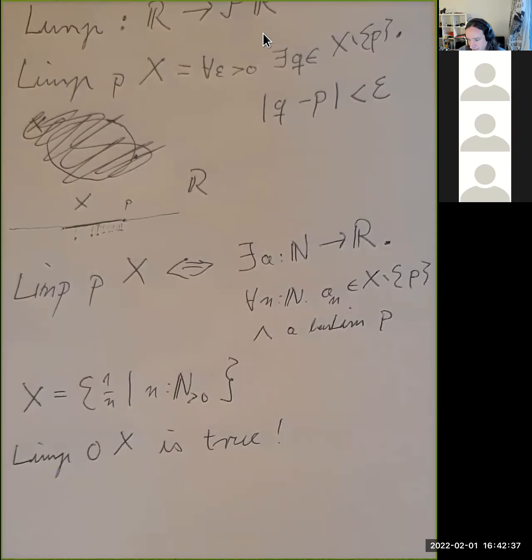Or we take an arbitrary one, assume it's not equal to 0, and show that it will not be a limit point. Okay, so yeah, that's basically now a guess what will work better. I don't know.